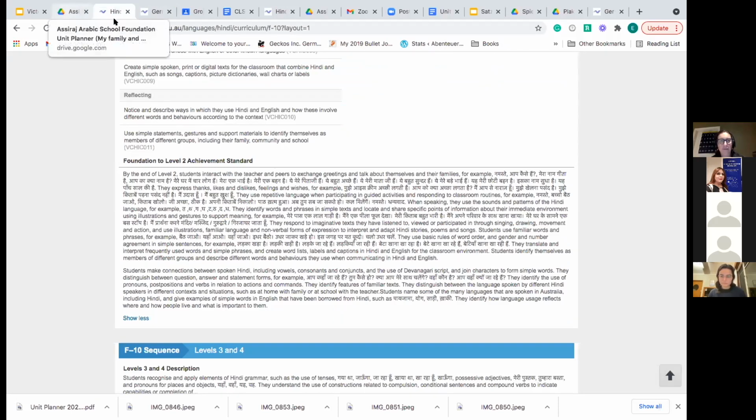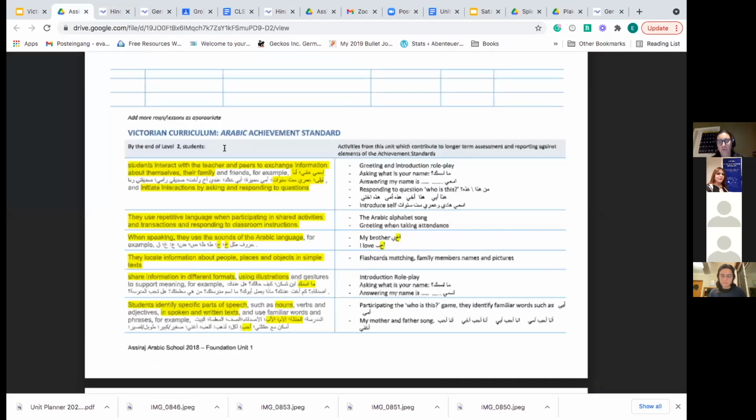And you need them for your unit of work as well. So you put in this lovely little table the achievement standards you cover in your unit, and then you put in which activities you do to achieve this goal.